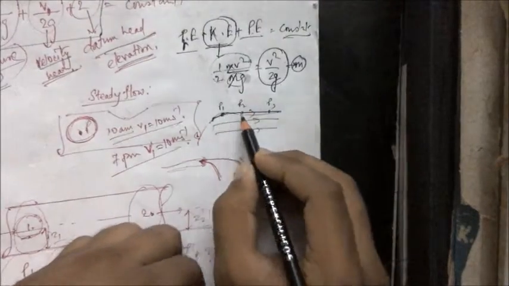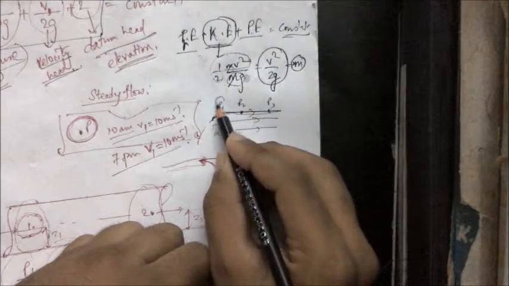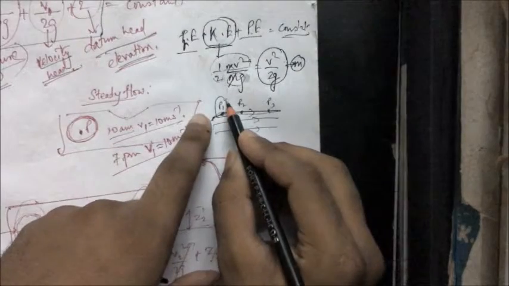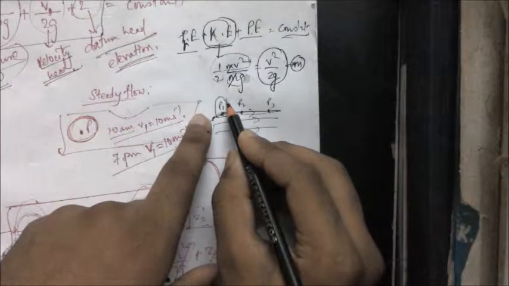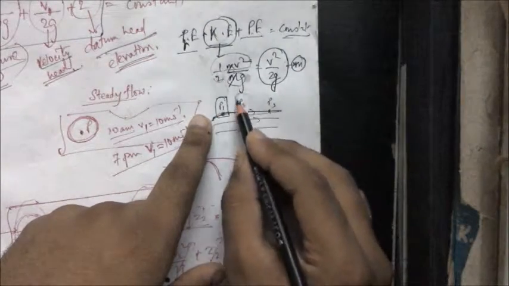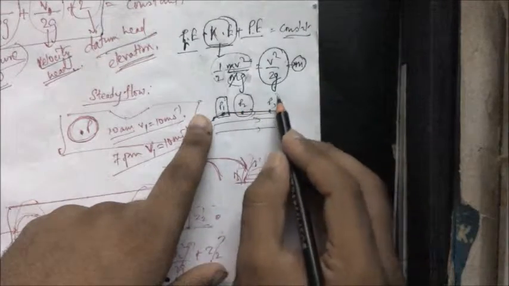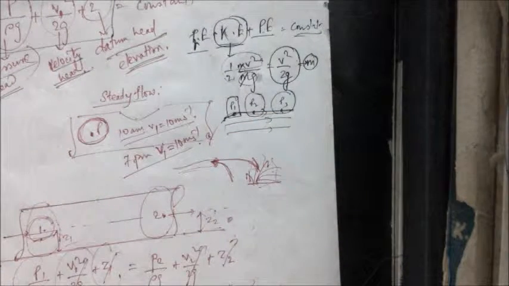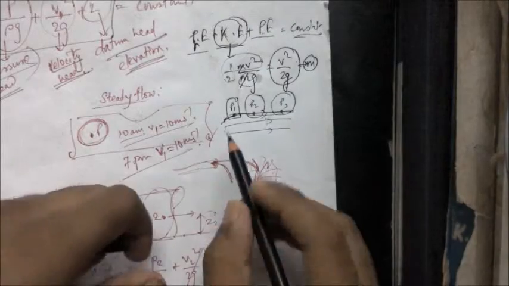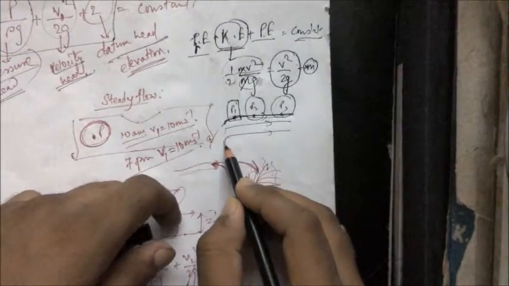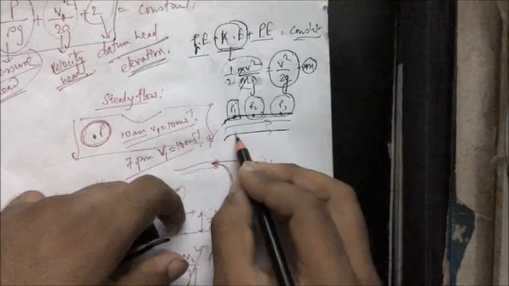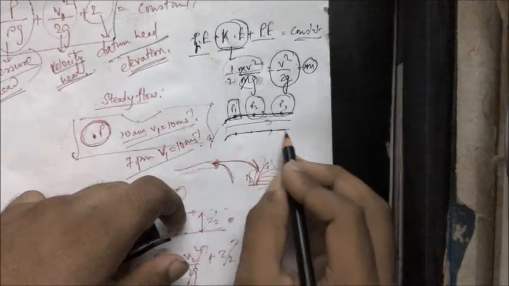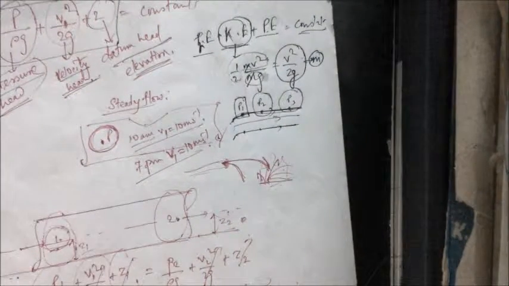If you find the summation of the potential energy, kinetic energy, and the pressure energy at each point, you will find that the summation of the energies is constant in a single streamline. Similarly, in this streamline also, the summation of energies for different points is constant.